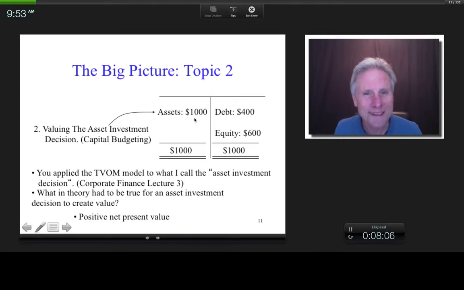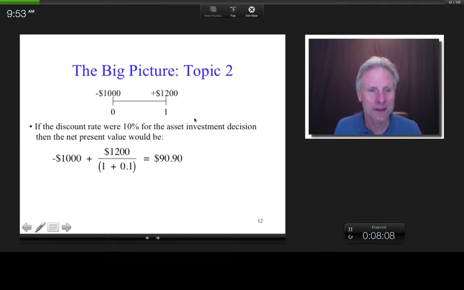So just really quick to illustrate, if we have an asset investment decision right here, you spend $1,000 today and it's expected to reap $1,200 down the road, and then that's the end, and the discount rate that applied to this asset investment decision were 10%, then basically the NPV, bringing everything back to time 0 and netting it out with this $1,000, would be $91.